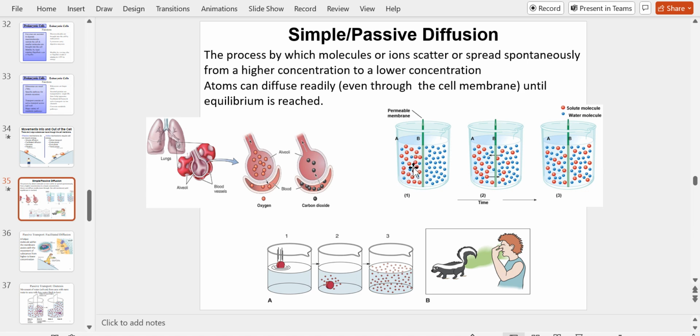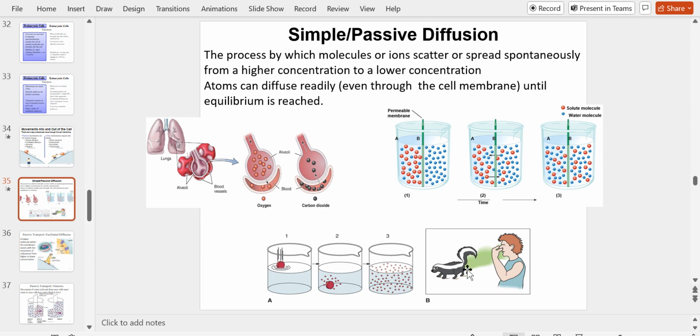I have a higher concentration here, and I have a high concentration of blue here. So if the particles are allowed to move, then you'll get a nice equilibrium eventually over time. A vitamin C effervescent tablet, right? Over time, that effervescent tablet will completely break down, okay, and form an equilibrium.